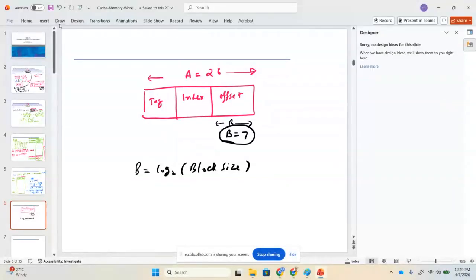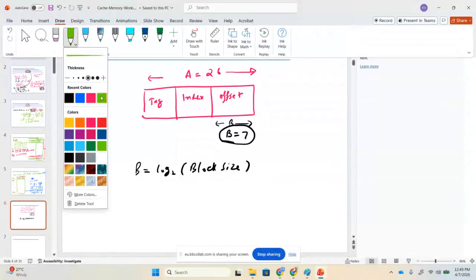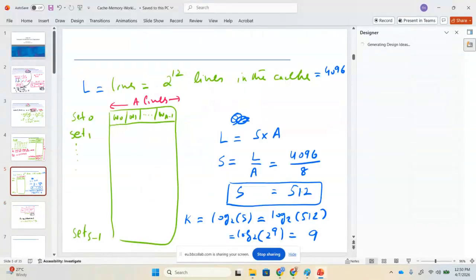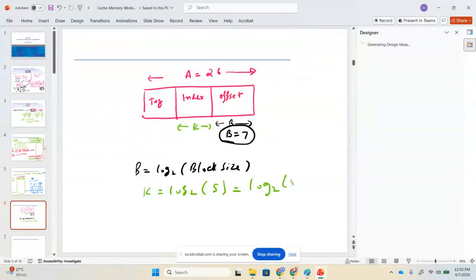And now we need to calculate K. K is the log2 of the number of sets, S. What is S here? S we already calculated is 512, so we need 9 bits for it. So K is now 9.